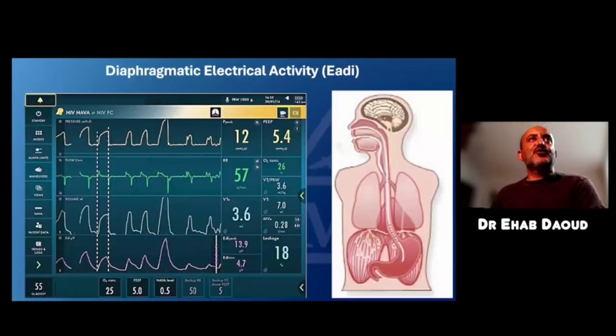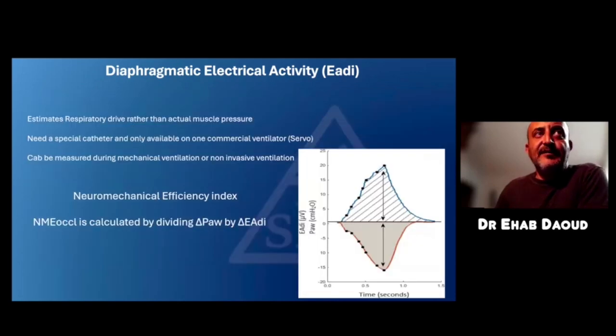All right, let's go to the diaphragmatic electrical activity of the diaphragm. And this is only in one ventilator, the Servo, Maquet. It basically measures the electricity coming through the phrenic nerve to the diaphragm, and it's called the EDI peak. Again, it needs a specific catheter into the esophagus, and it's only available in one ventilator.